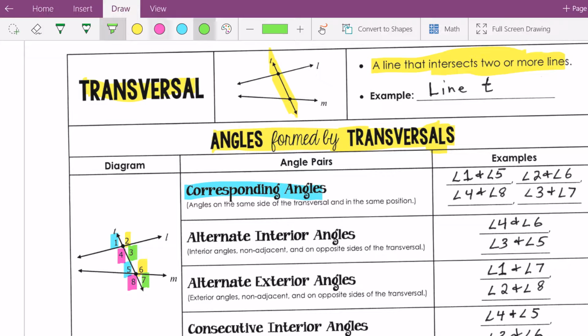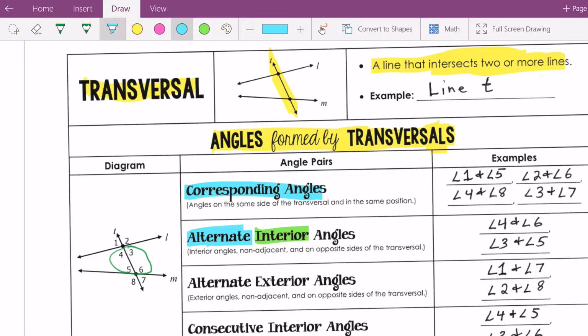Takes us to the next example, which is alternate interior angles. When we're talking about alternate interior angles, there are a couple of key words we're looking at. First off, interior. Interior means on the inside. So we're worried about angles on the inside, which eliminates 4 different angles here. We're only worried about angles 3, 4, 5, and 6. The second key word is alternate.